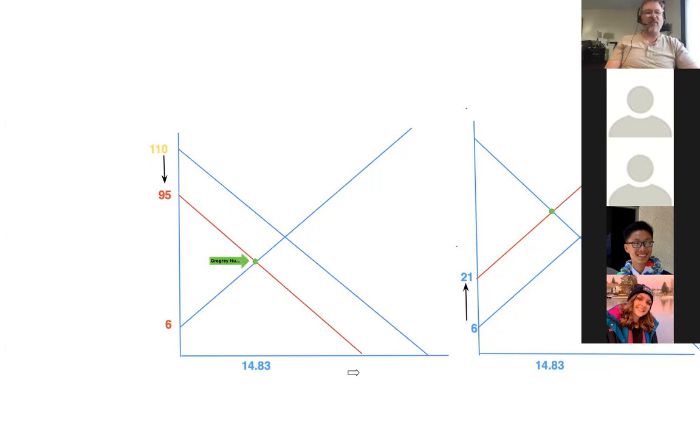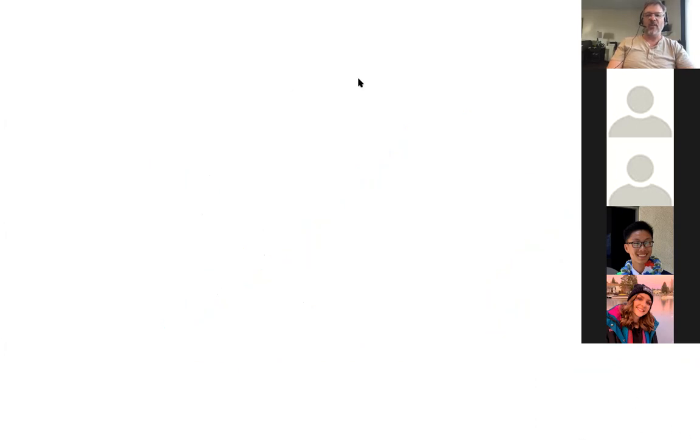And then, Ricardo, you said, oh, but the prices are different. But no, they're actually not any different. And hopefully the next diagram is going to make that clear. So what I'm going to do is go ahead and redraw the diagram, and I'll have the original demand curve.